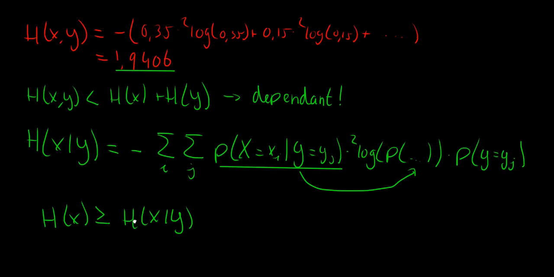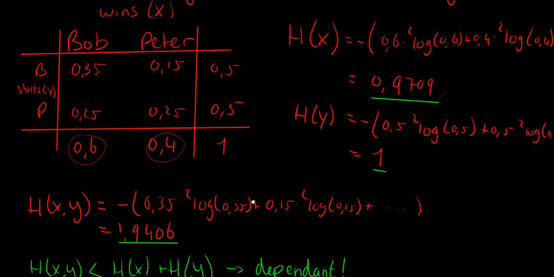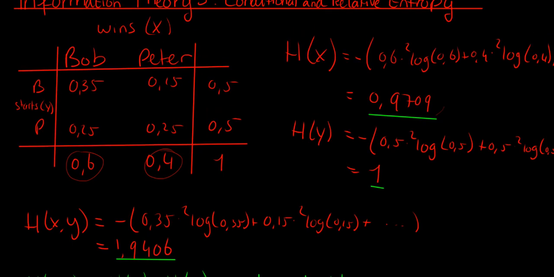However, if we look at one specific value, it is possible that we actually grow more uncertain given a specific outcome. Because X is dependent on Y, knowing what Y will be can give us more uncertainty. And we will see that it is the case when we calculate the conditional entropy in this example.